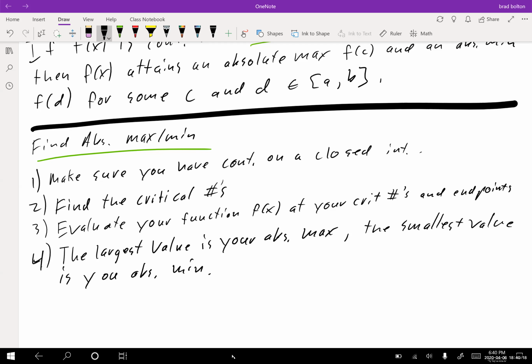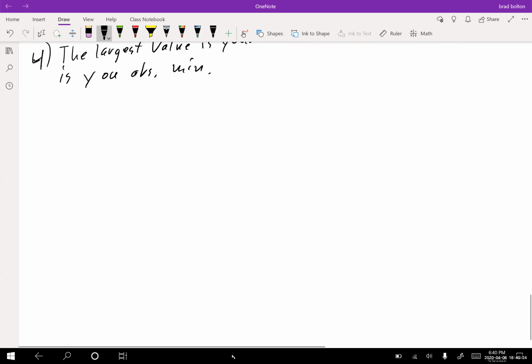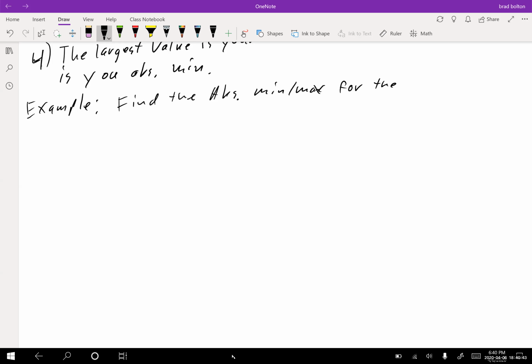Okay. So that's a lot of talking. Let's actually try one of these. So let's go down here a little bit. It says find the absolute min and max.